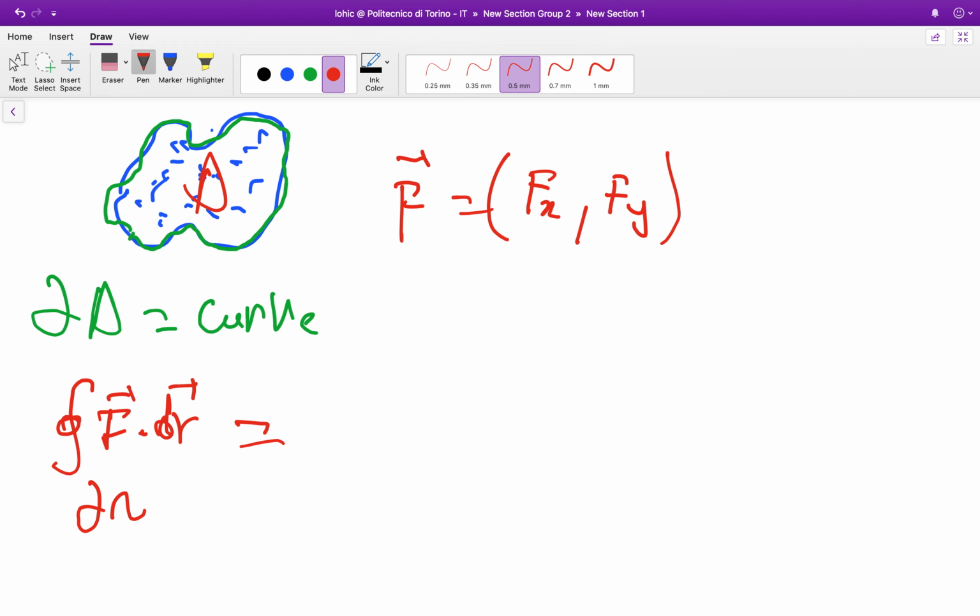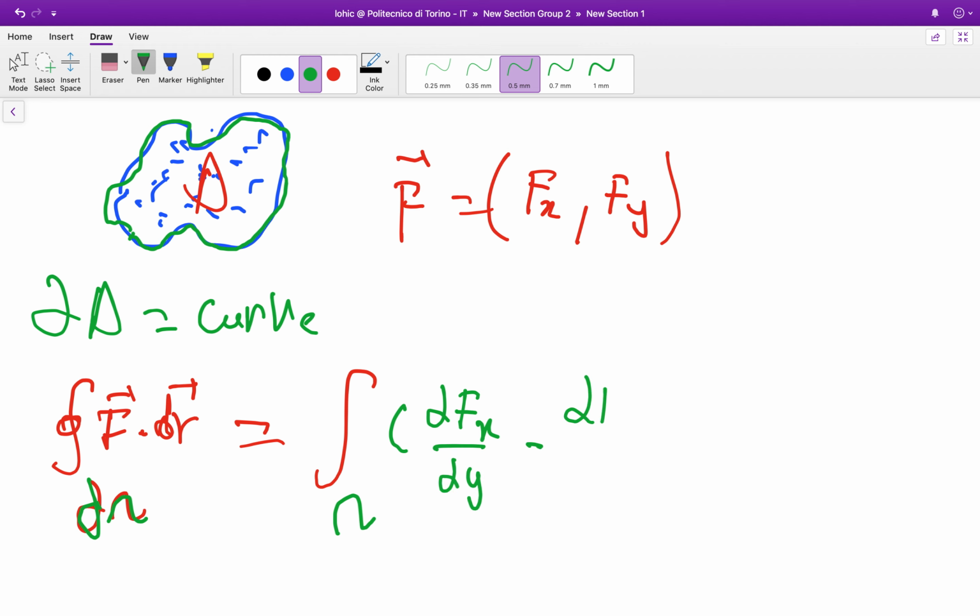Instead of doing the integral on the border of the domain, I can just do the integral inside the domain of the derivative of f_x with respect to y minus the derivative of f_y with respect to x.